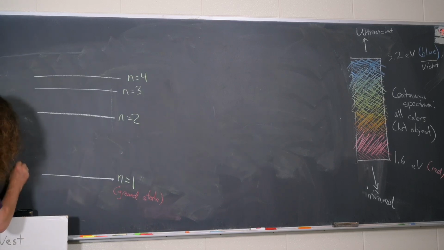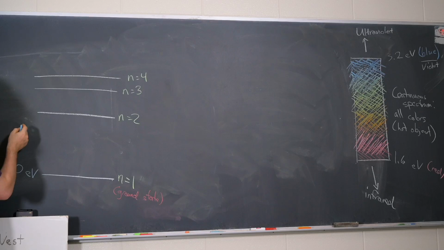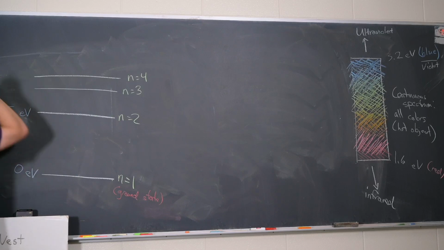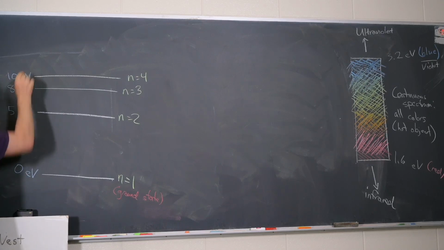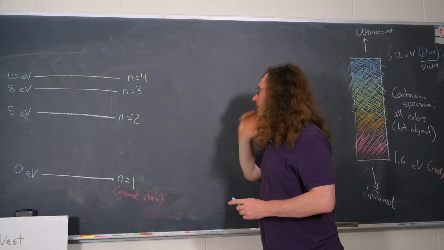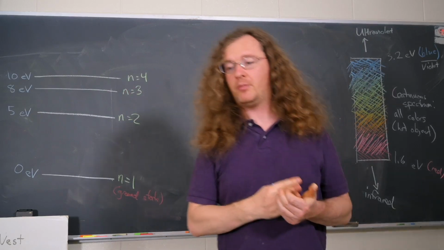So the ground state has 0 electron volts. The n equals 2 state, again, we're just going to make up some numbers here, we'll give it 5 electron volts. The n equals 3 state, we're just making up numbers, has 8 electron volts, and the n equals 4 has 10. So this is an energy level diagram of a hypothetical element that we have made up.